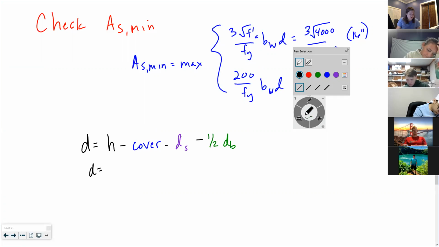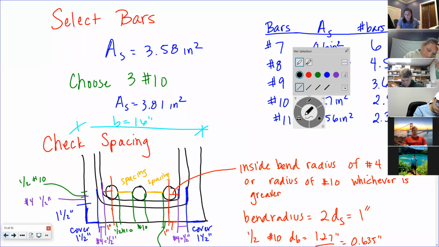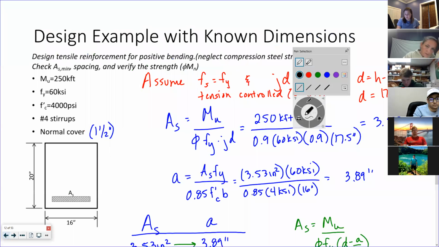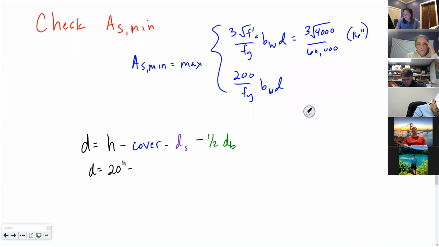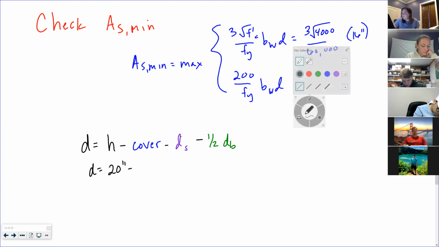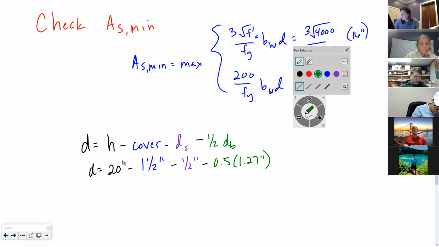So it's a 20-inch, right? 20 inches minus 1.5 inches for cover, minus a number 4, which is half an inch, minus half of a number 10, 1.26.